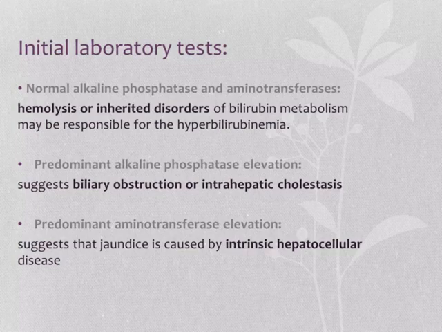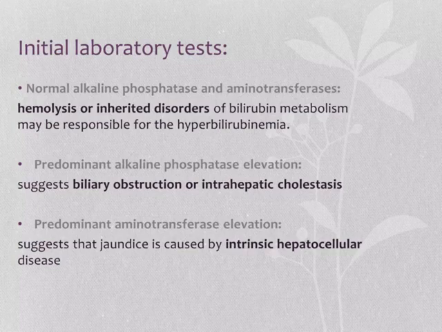For example, we will look at ALT and AST. If alkaline phosphatase and aminotransferases are normal, it indicates that there is hemolysis or inherited disorders of bilirubin metabolism that may be responsible for hyperbilirubinemia.